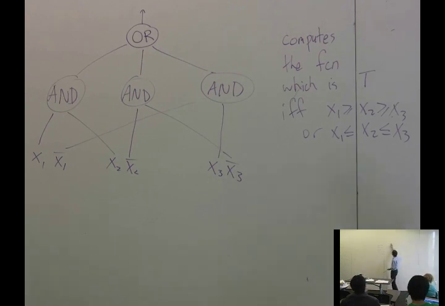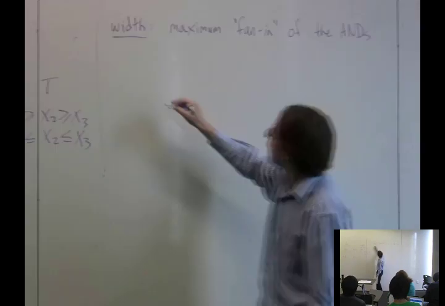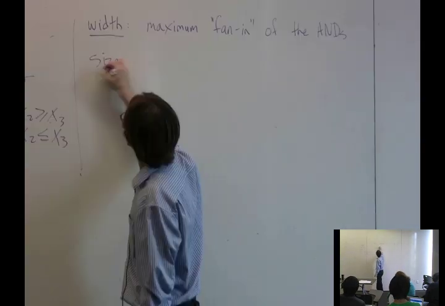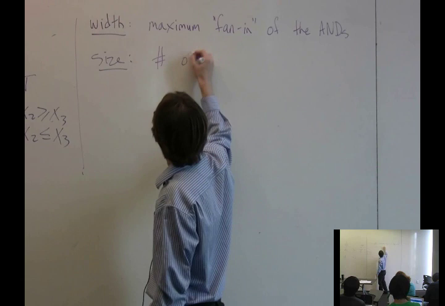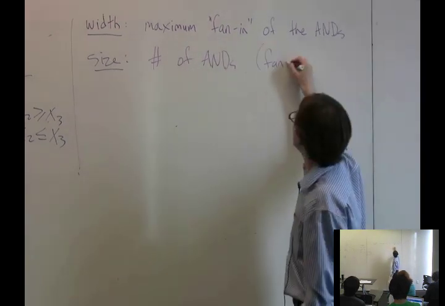And a little bit more terminology, the width of a DNF formula is the maximum fan-in or arity of the ANDs. And the size is just the number of ANDs, in other words, the fan-in of the OR.